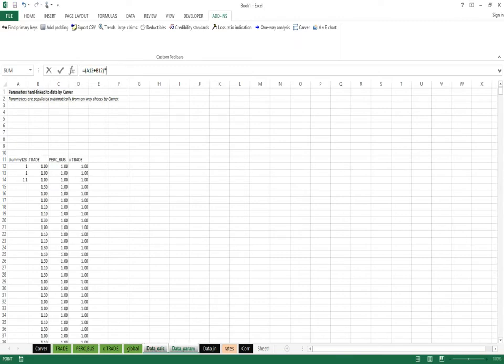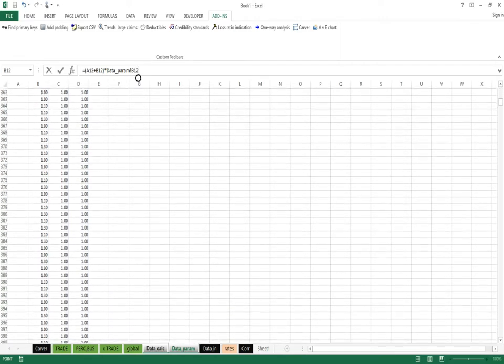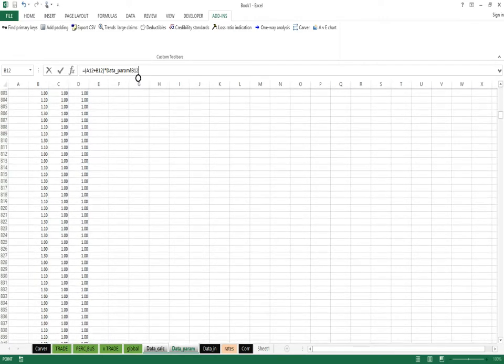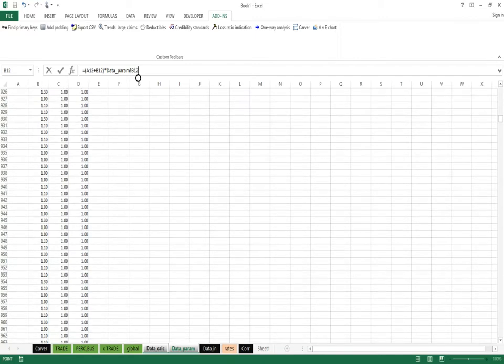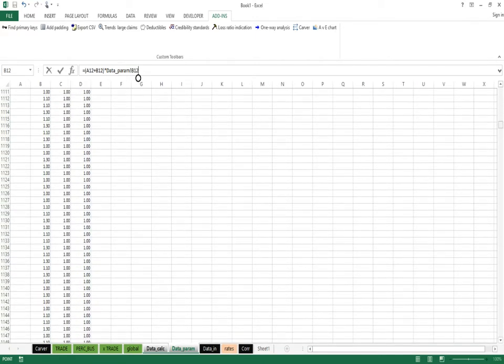If you look in there, you'll see that there's a trade multiplier. There's as many trade multipliers here selected as there are policies. It's 8,000. Can you see I'm scrolling down right now? So every policy has a correct trade multiplier looked up here.